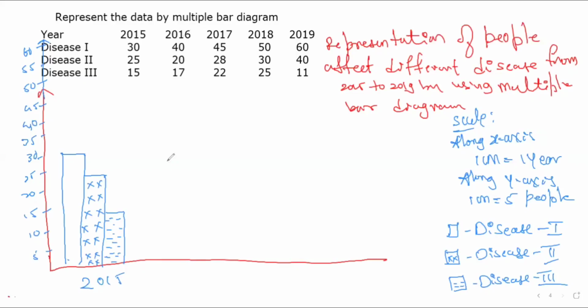Then for 2016, this is 1, it is 40. This is 2, 20. Then this is 3, 17.